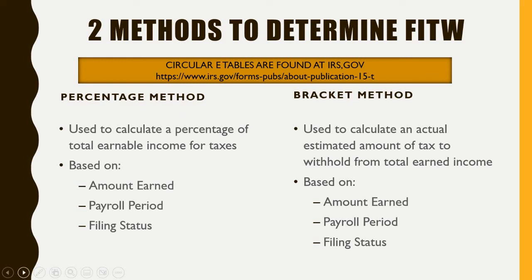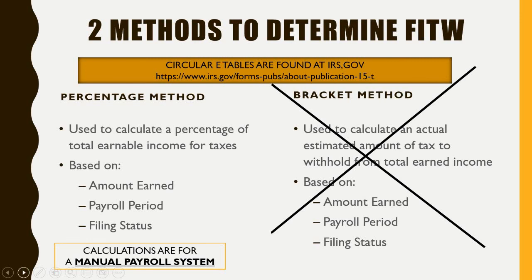The bracket method is very easy to do, so I'm not going to teach that one. On top of that, the numbers in the brackets are rounded. With the percentage method, you're going to get a much more accurate result.